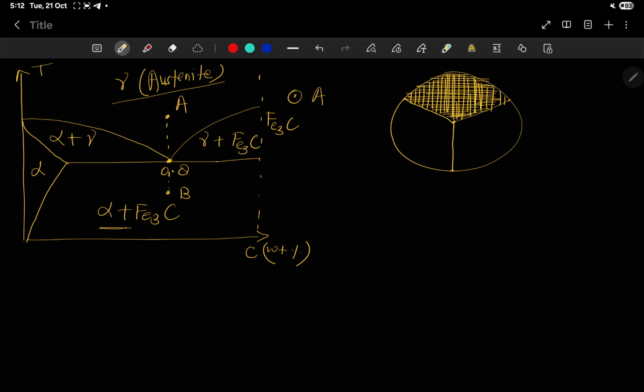These are just virtual representations, or cartoons, of real grain structure, real microstructure, right?